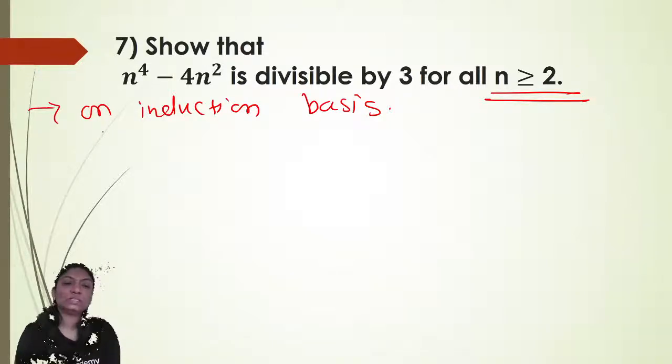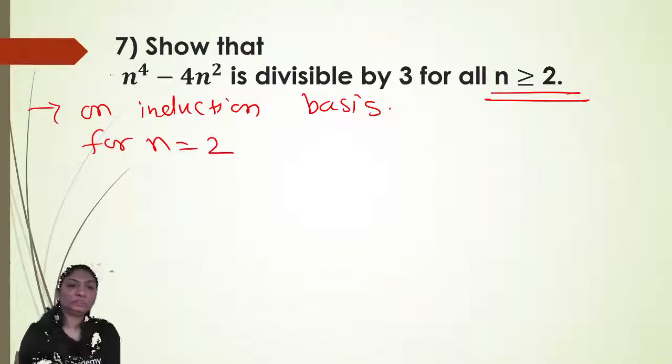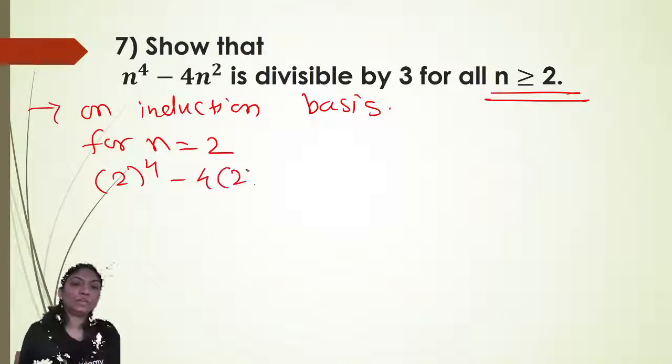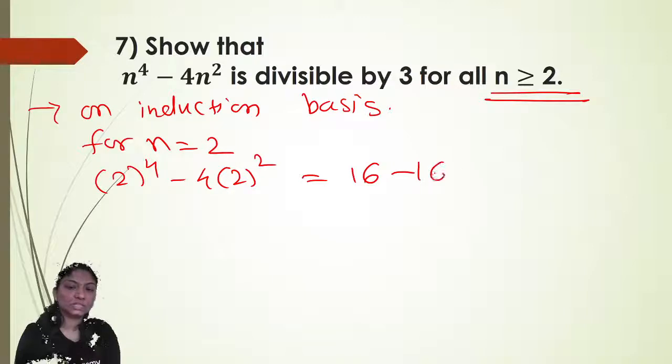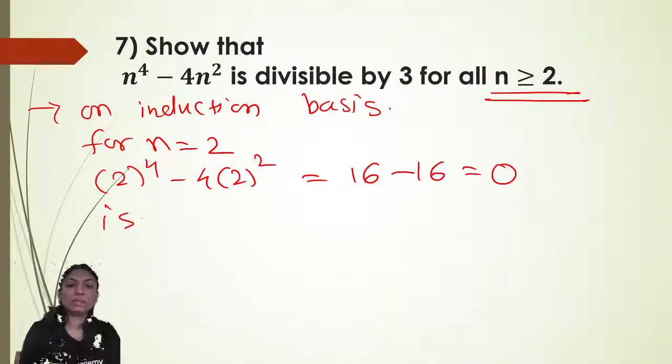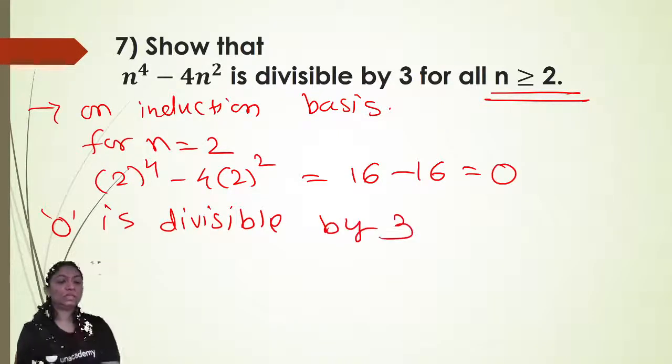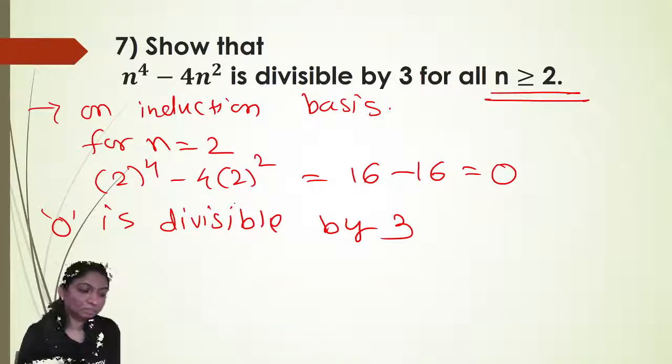For n is equal to 2, 2 raised to 4 minus 4 into 2 square, which is equal to 16 minus 4 into 4, 16. 16 minus 16 is 0, and 0 is divisible by 3.